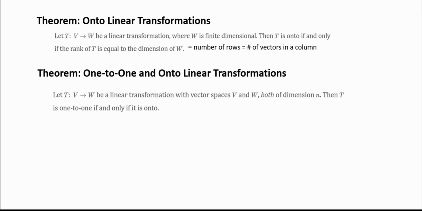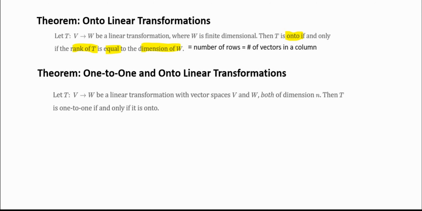So T is onto if and only if the rank of T is equal to the dimension of W. Now this dimension of W will be the number of rows that you have. The number of rows is the same thing as the number of vectors in a column, right? So we get one to one if the kernel is equal to zero.